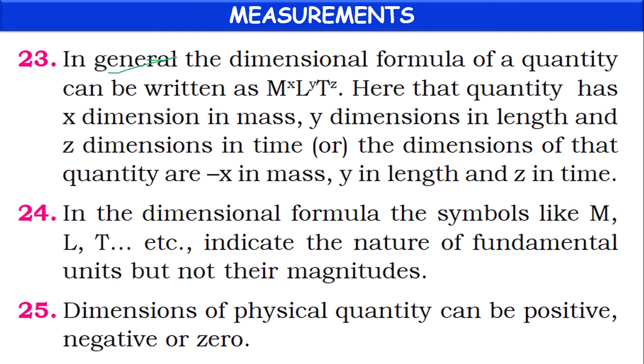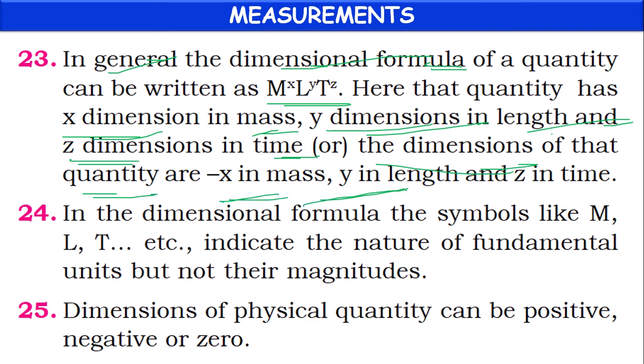So in general, dimensional formula can be written as M^x L^y T^z, where mass has x dimensions, length has y dimensions, time has z dimensions. Or the dimensions of quantity are x in mass, y in length, z in time.